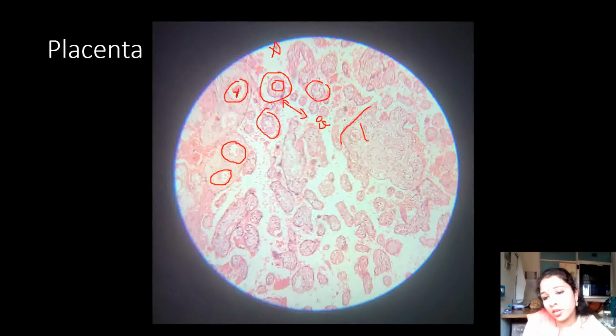All these layers together are called the placental barrier. And when the placenta is at term, the cytotrophoblast gets depleted, and only syncytiotrophoblast is present to reduce the layers and increase the exchange of blood for the demand of more nutrition for the developing embryo.